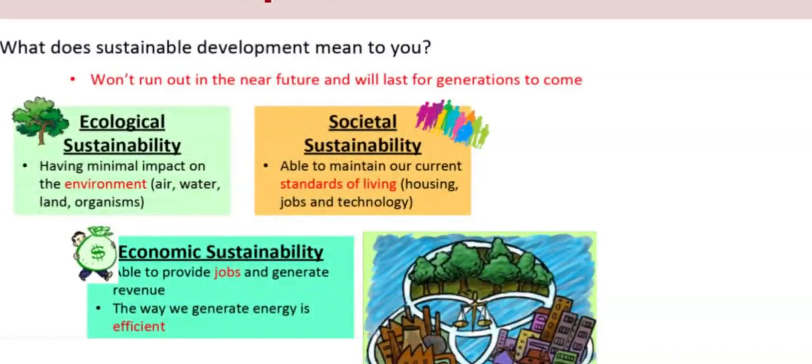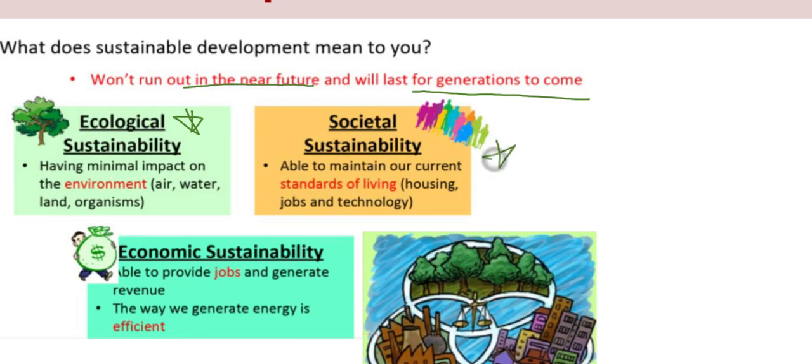Anyway, what does sustainable development mean? Well, it means that we're not going to run out of our resource in the near future, and it should last for generations to come. But with that, we want something that's ecologically sustainable, so it has minimal impact on the environment.